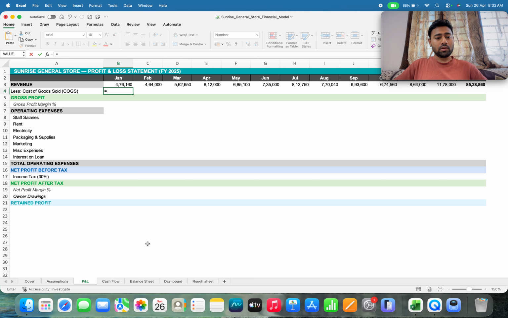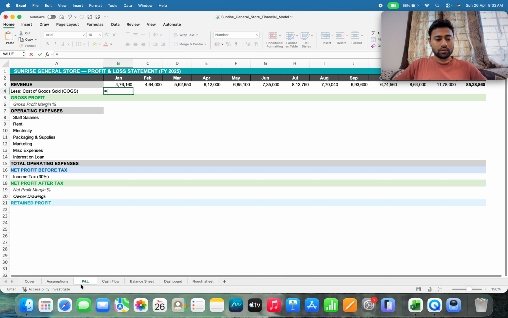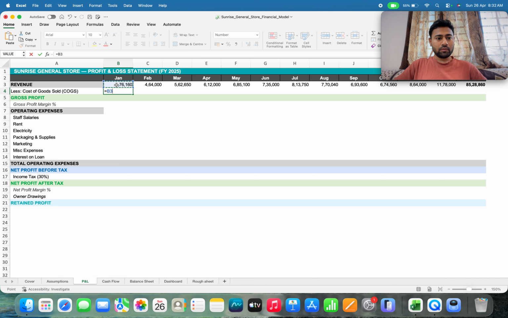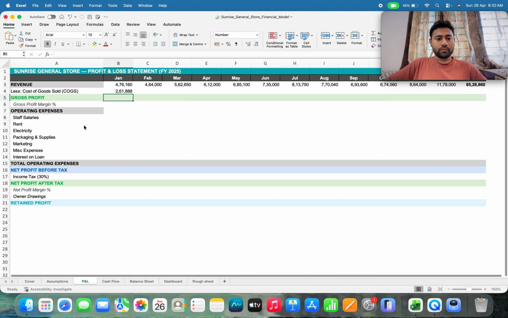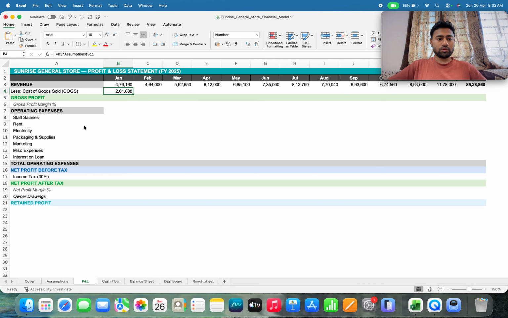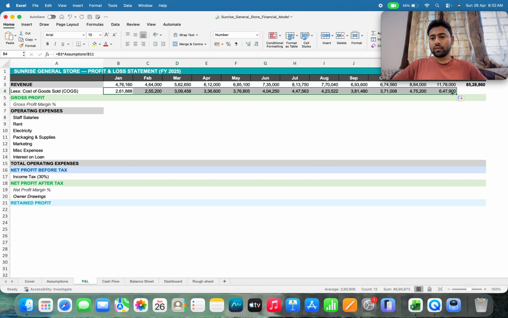Now we will put the formula equal to revenue multiplied by percentage. So we get the cost of goods sold. Again we will drag this from here to here.